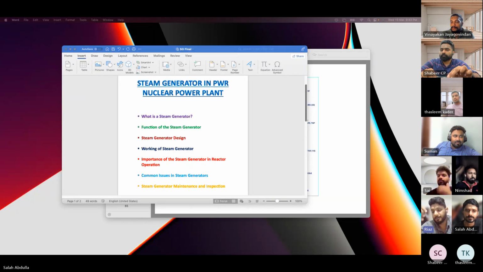At the inlet of the steam generator, the feed water system is entering the SG, right? That feed water is maintained at, you said, 293... 230 degrees. Okay, 230, 250. How is that temperature achieved on the secondary side?